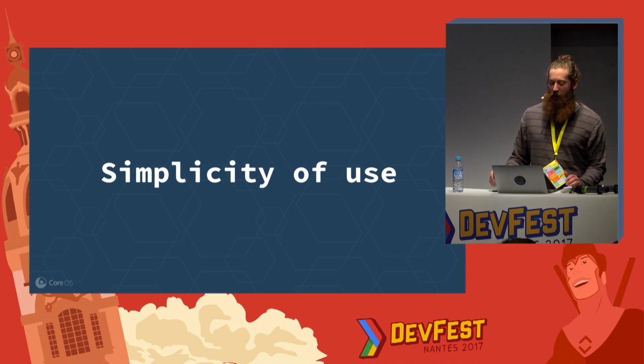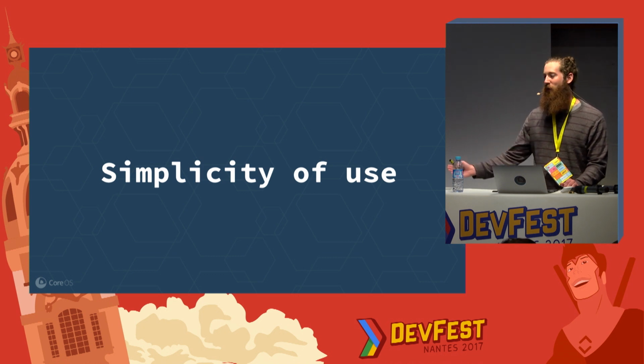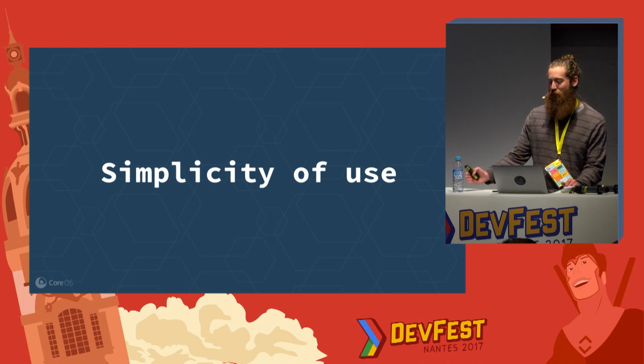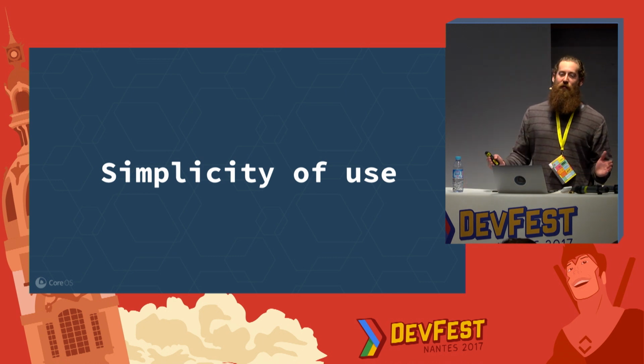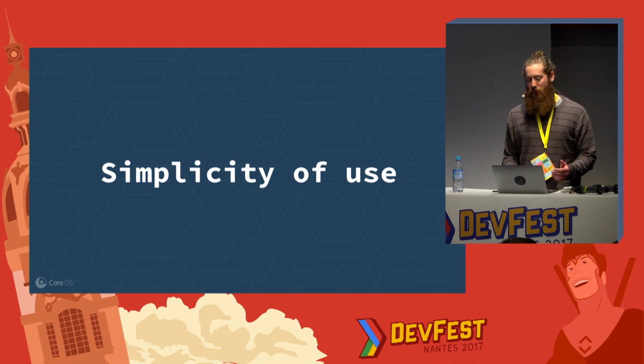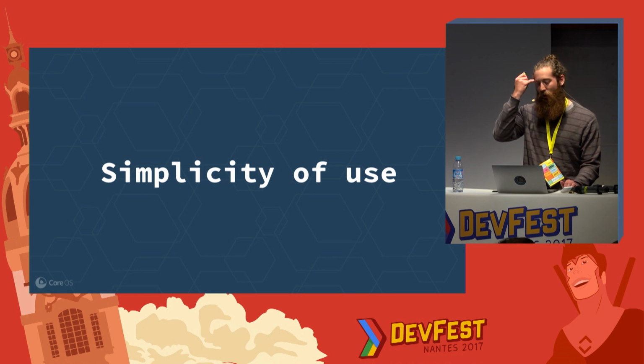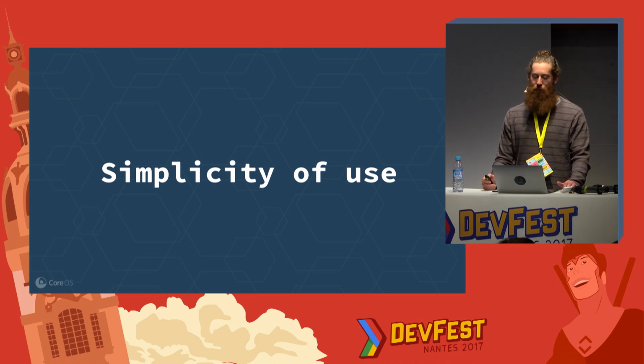You're trying to figure out why. And so if the tool ends up getting in your way, that's only going to add to the frustration, and it's going to impede you getting on with your day-to-day development. You're going to be stuck on this problem longer if you can't figure out how to use the tool to solve the problem in the first place. So simplicity is a main design goal of this project overall.